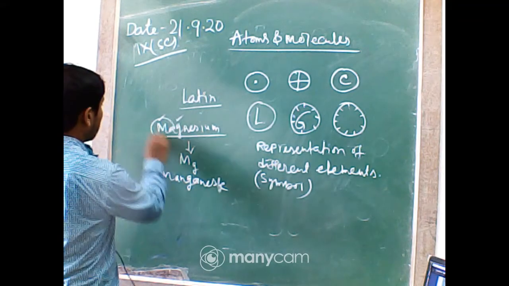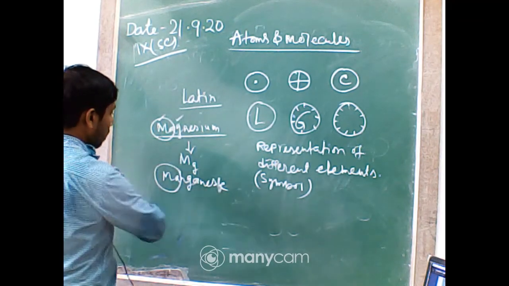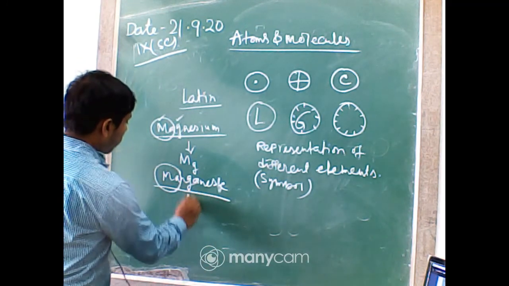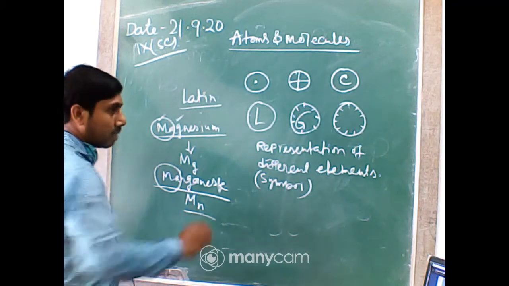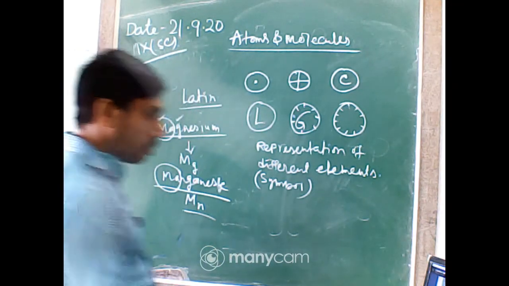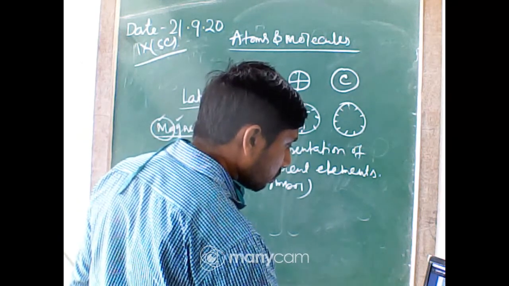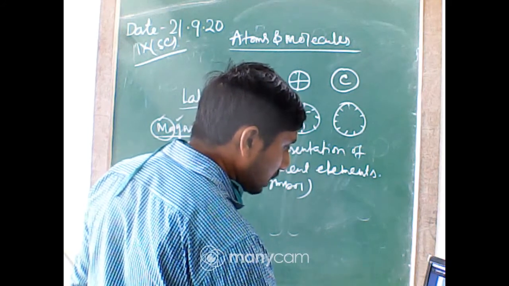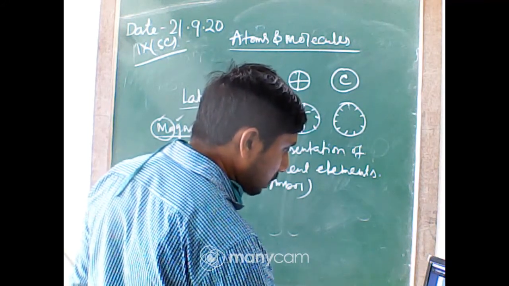Now you can see that the first two letters are the same. So again here the first letter and the third letter are taken to represent the element. By this way it will be easier to represent the elements by symbols.